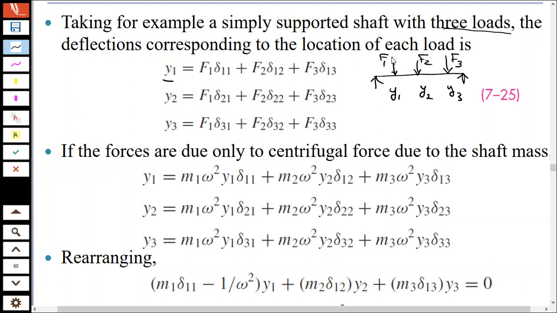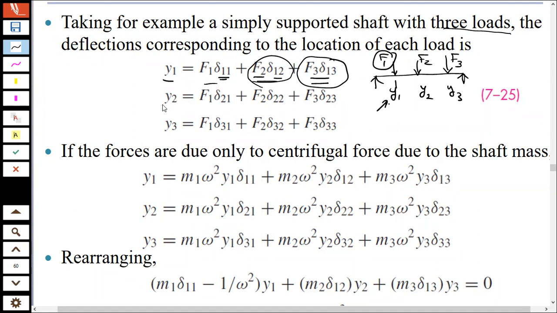So y1 will be equal to the deflection due to load F1 times delta 11, which is the influence coefficient over here. Okay? Similarly, F2 times delta 12 plus F3 times delta 13. So that is the deflection over here due to load F2 and the deflection over here due to load F3. So that is why we are adding all these components.